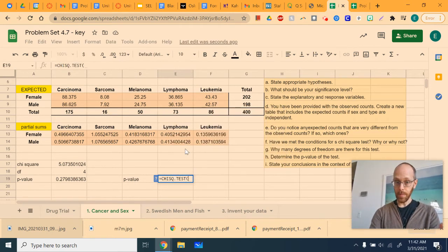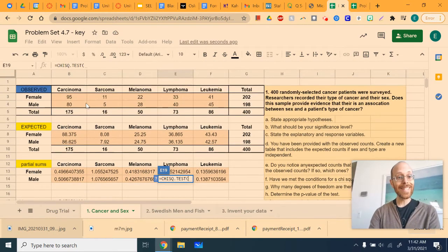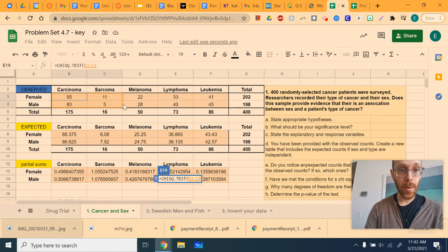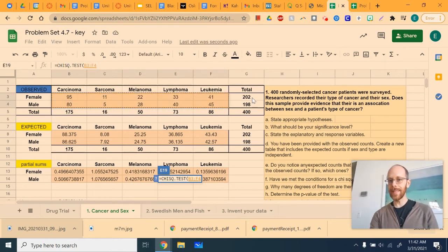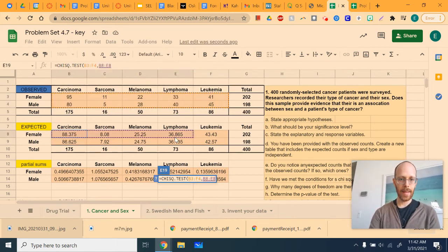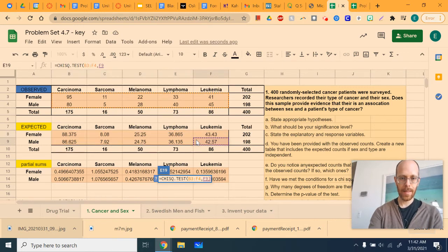And then what you do, this is different than everything else we've been doing with Google Sheets. Instead, you go and you highlight the observed data. Notice that I didn't take any of the margins, right? I didn't take the totals here or the totals here, just the observed data, comma, highlight the expected data.